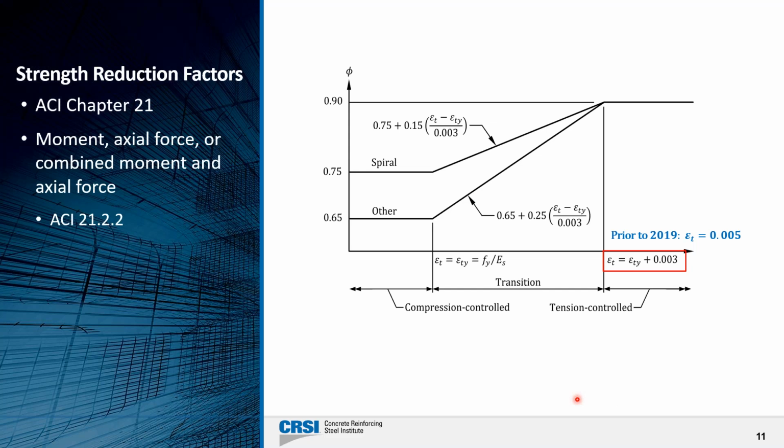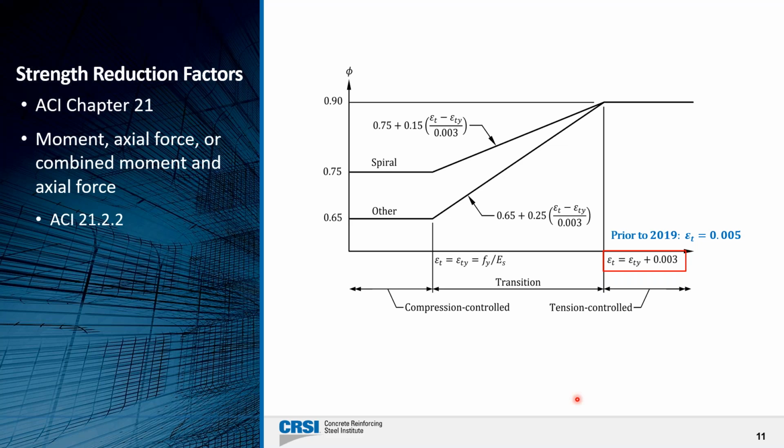Now, because we've included these higher grades of reinforcement, we needed to change the upper limit for tension controlled sections. So prior to 2019, the strain in the reinforcement farthest from the compression face had to be as a minimum 0.005.